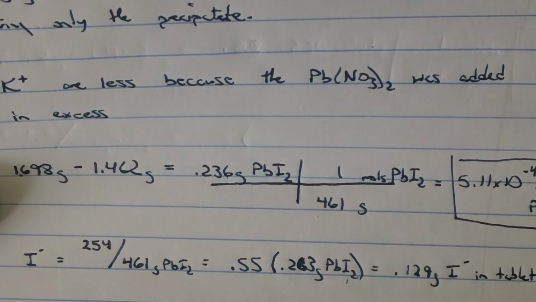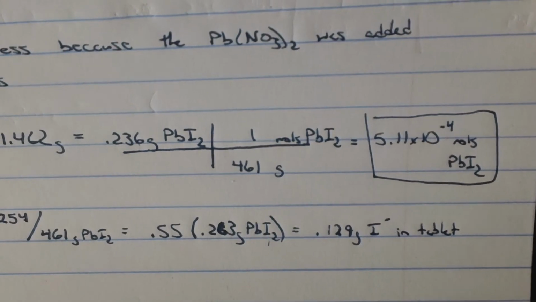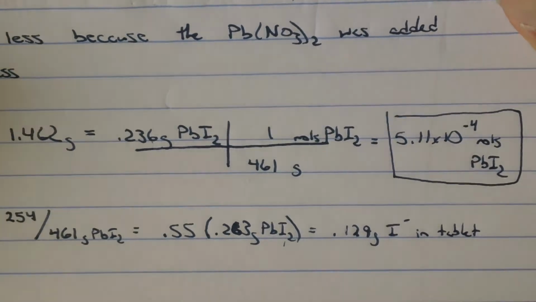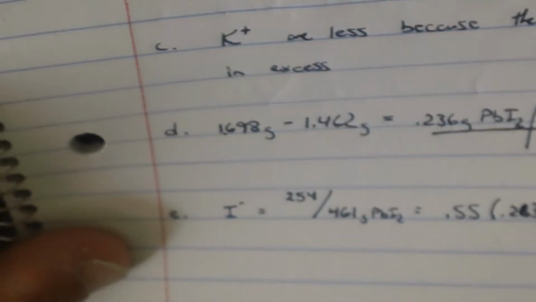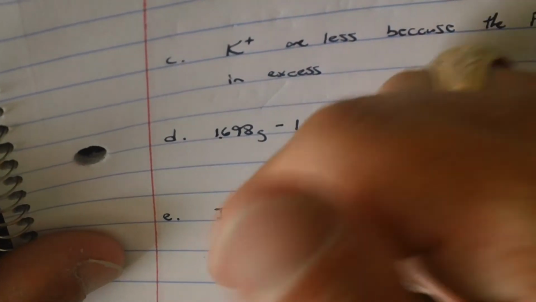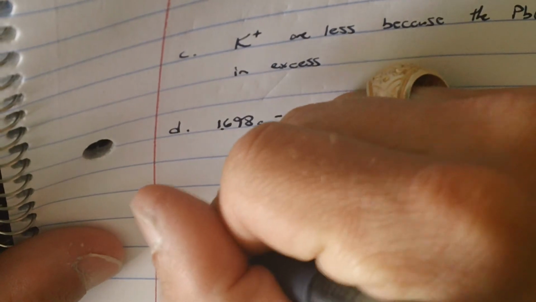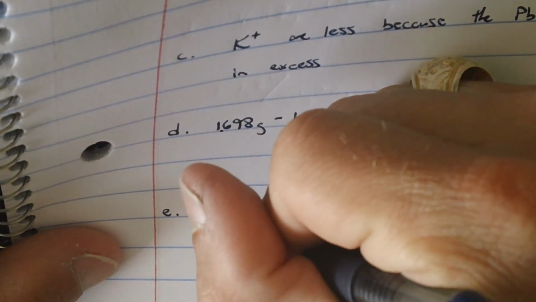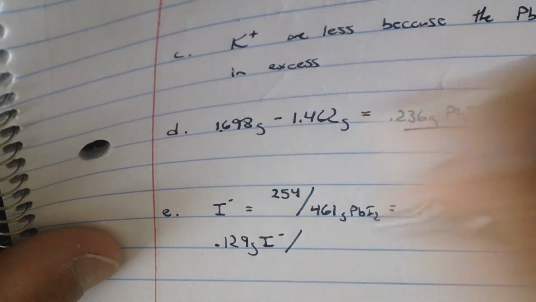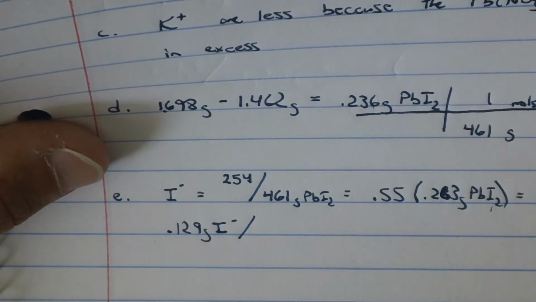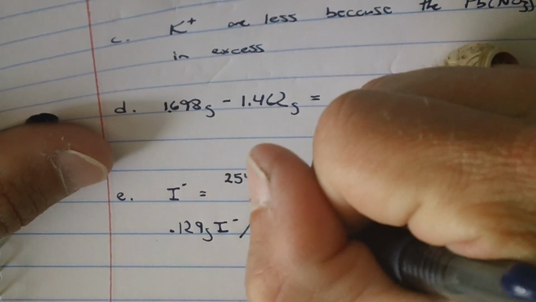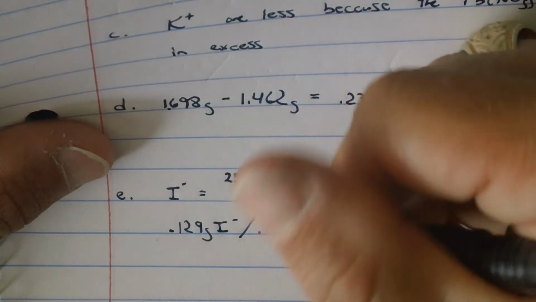They didn't ask for the grams of iodide in the tablet. They asked for the percentage. They asked mass percent. And so what we'll end up having here is the 0.129 grams of iodide divided by the total mass of the tablet, which was 0.425 grams from the chart up top.